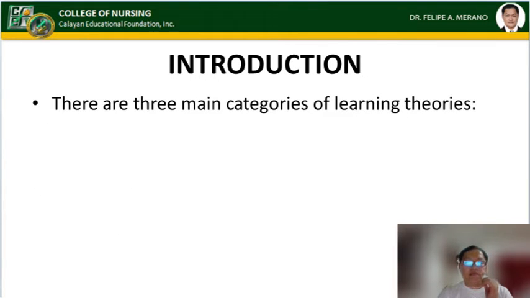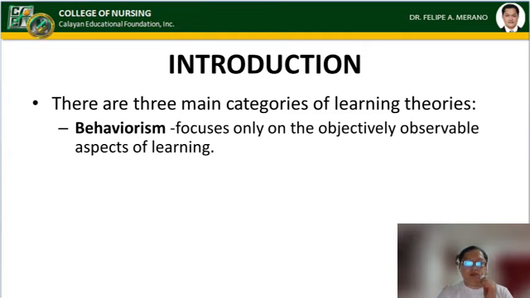There are three main categories of learning theories. Behaviorism, which focuses on the objectively observable aspect of learning. Behaviorism is another theory that we need to define in the later discussion.